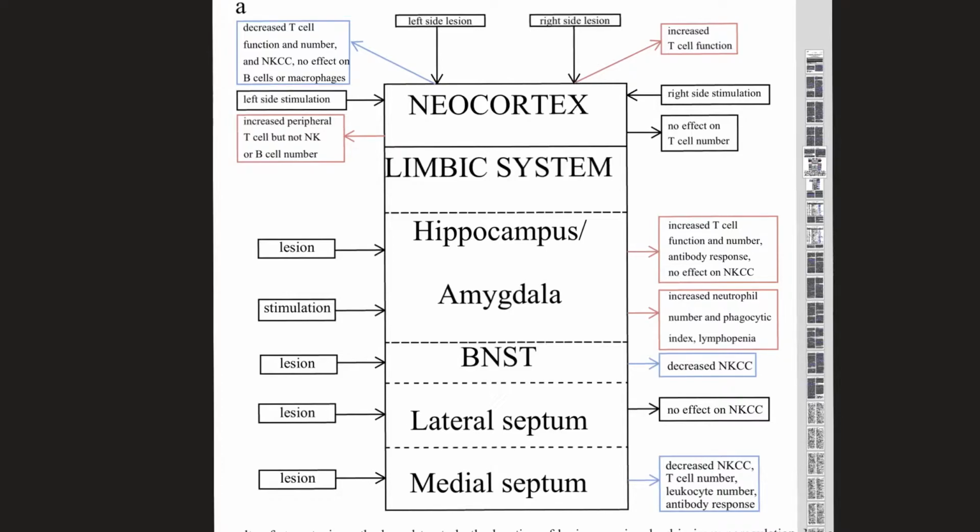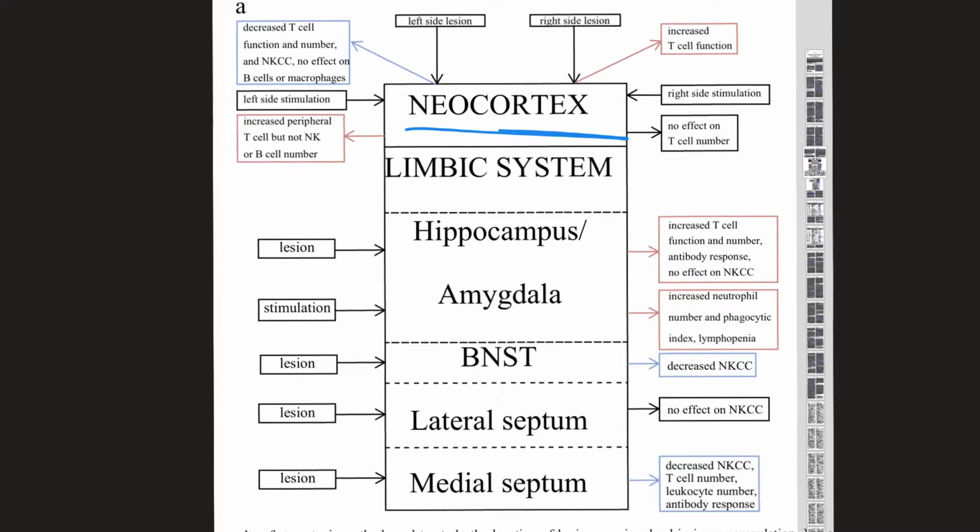Obviously, these are experimentally created situations, but we can very easily adapt this and talk about what this really means for us in real life.